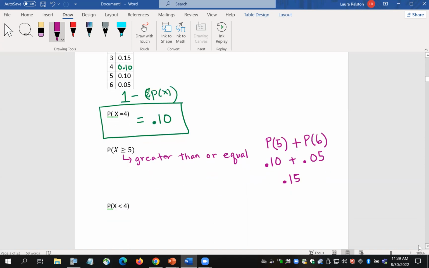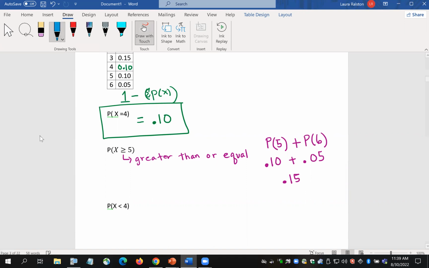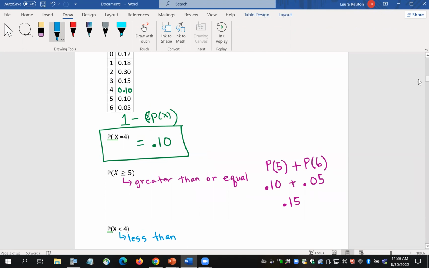All right, let's look at one more. What's the probability that they stay less than 4? Guys, again, you really have to pay attention to these symbols because this symbol represents just less than. So would I include 4 in the calculations? No, because it's not equal to.